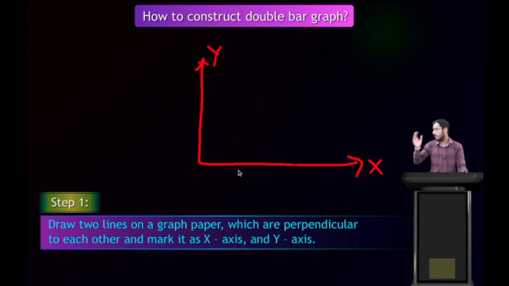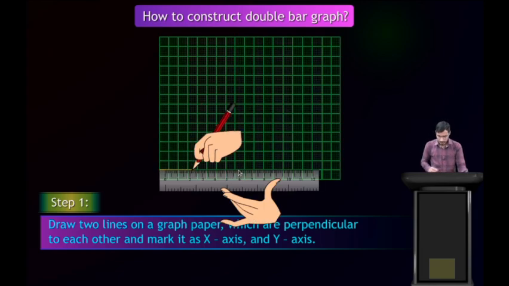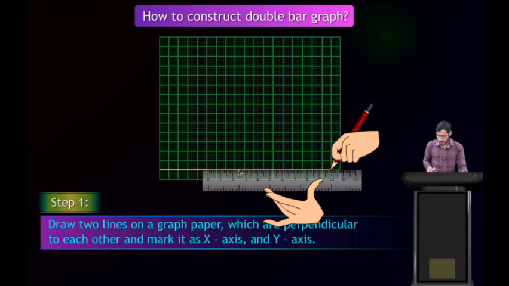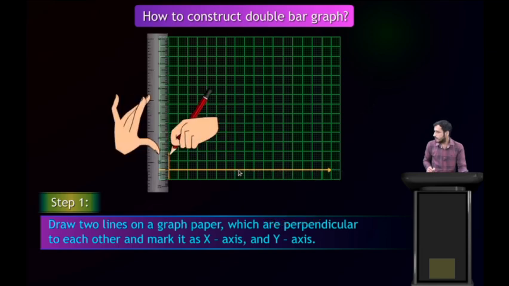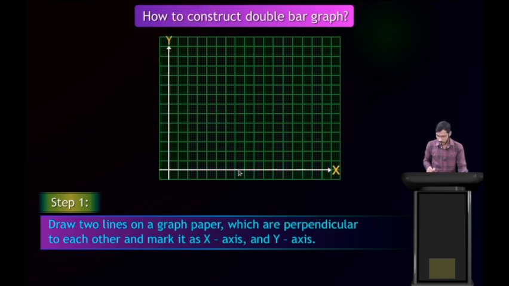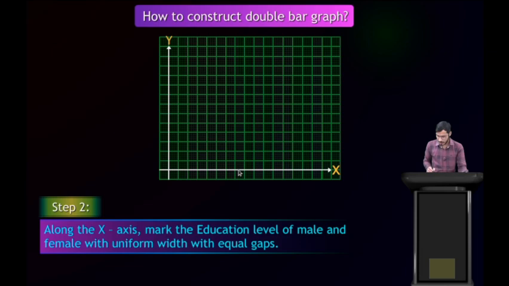So remember always, horizontal line is x-axis, vertical line is y-axis. And both are mutually perpendicular. So you can see here on the graph paper, draw two mutually perpendicular lines, x-axis and y-axis.